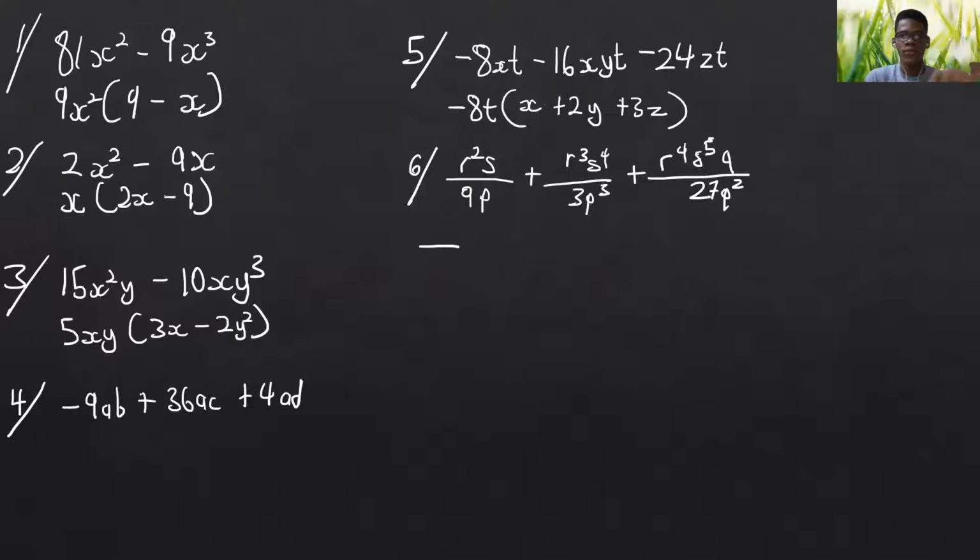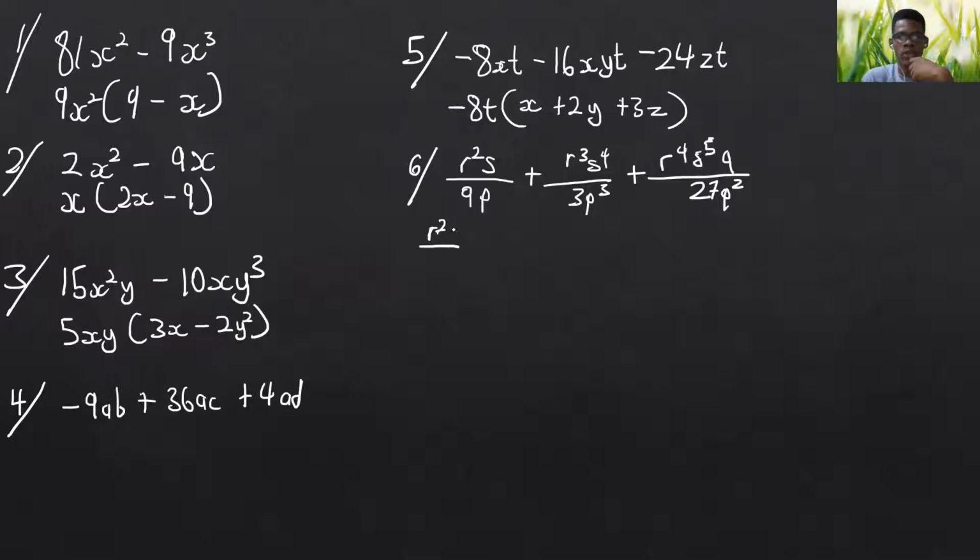So r square, r to the third, r to the fourth power. Among variables of the same kind, we just take the one with the lowest power. So r square is part of our highest common factor. Then we have s. S is in all three terms, s to the fourth and s to the fifth.